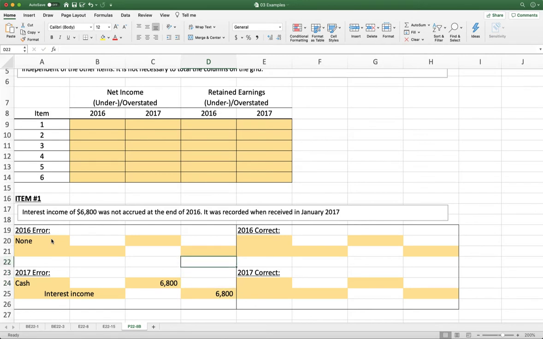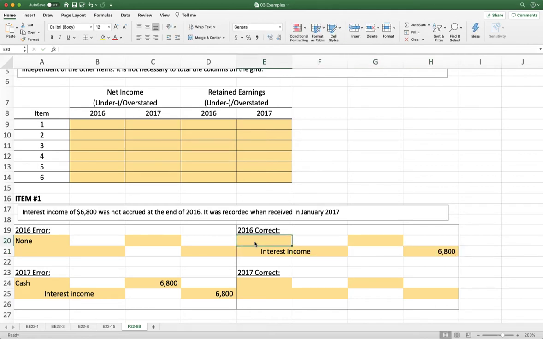So why is this wrong? The question says that it was not accrued at the end of 2016. So what they're implying is that this interest was earned in 2016, and therefore that interest income should have been on the 2016 income statement. So our interest income should have been in 2016, but we hadn't received the cash yet.